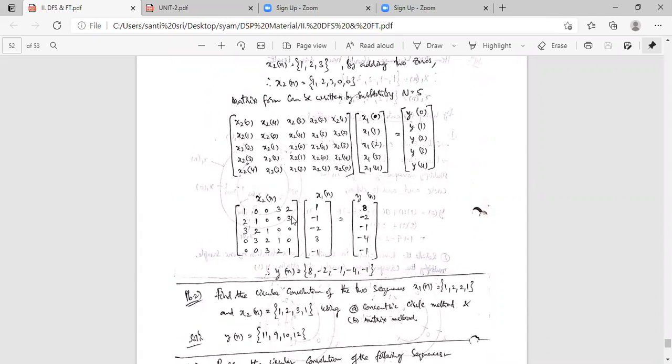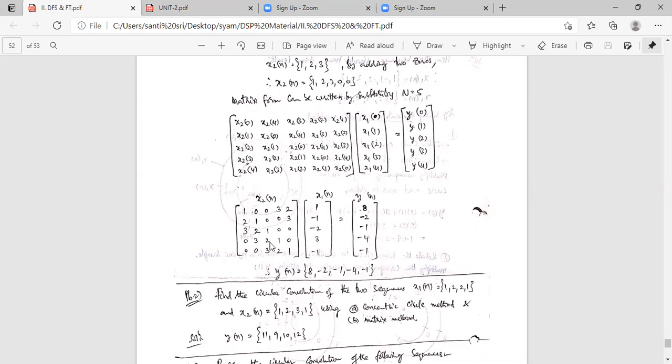Similarly, 2 into 1 plus 1 into minus 1, 1 minus 3 minus 2, like this. Then 3 into 1 plus 2 into minus 1, 1 plus 1 into minus 2, minus 1 minus 1, right? Next, 3 into minus 1 minus 3, minus 4.